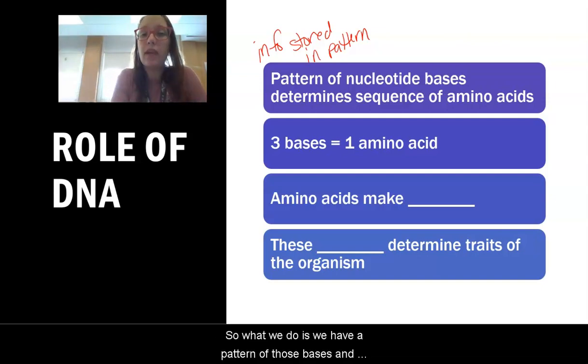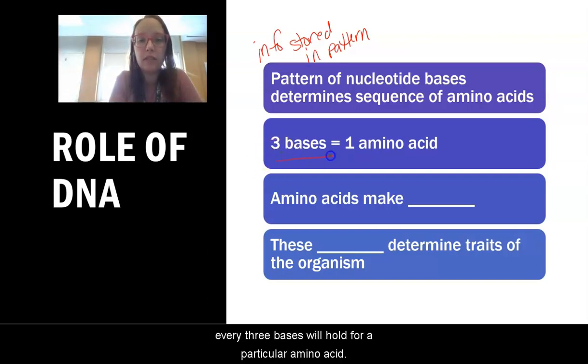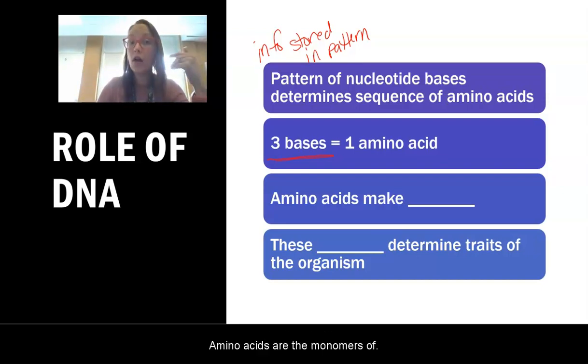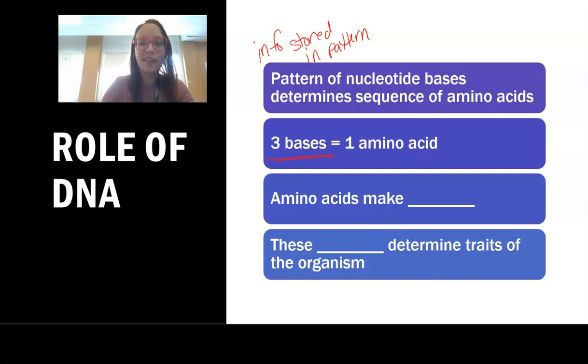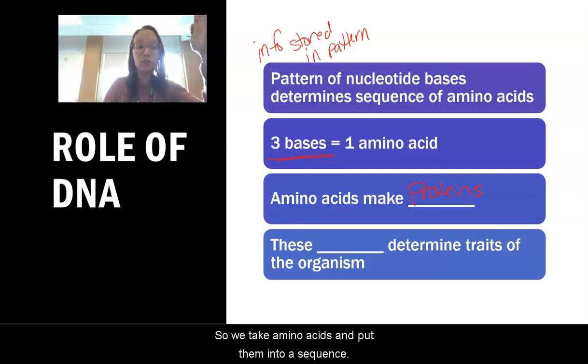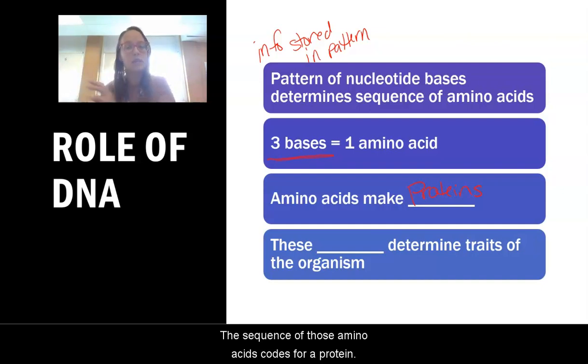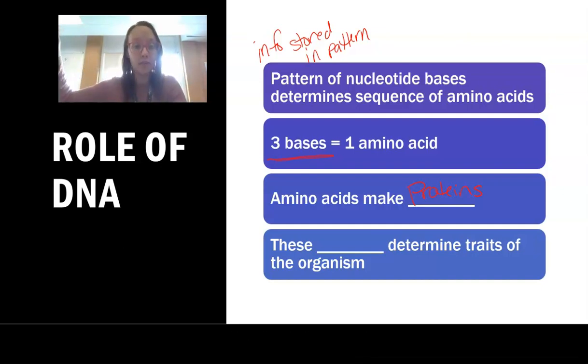So what we do is we have a pattern of those bases, and every 3 bases will code for a particular amino acid. Remember back to macromolecules. Amino acids are the monomers of, that's right, proteins. So we take those amino acids, we put them into a sequence, and the sequence of those amino acids codes for a protein.